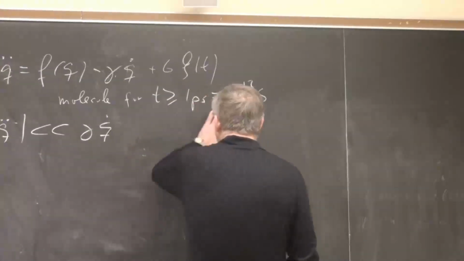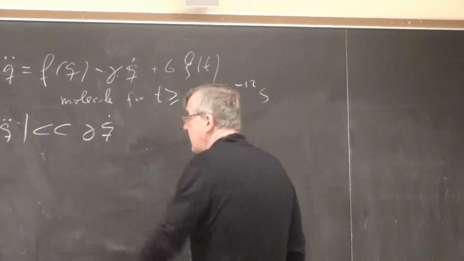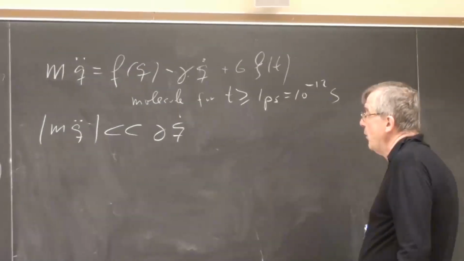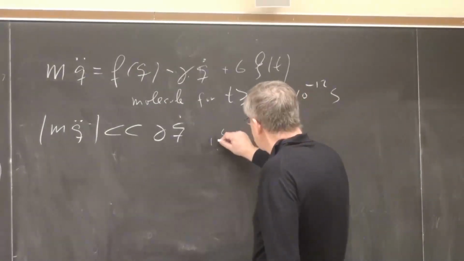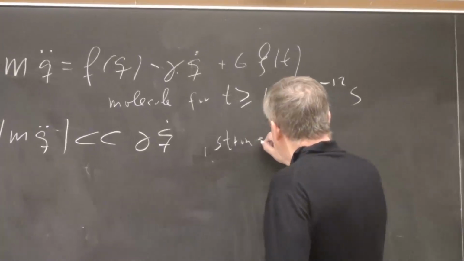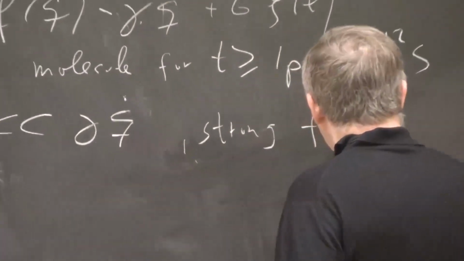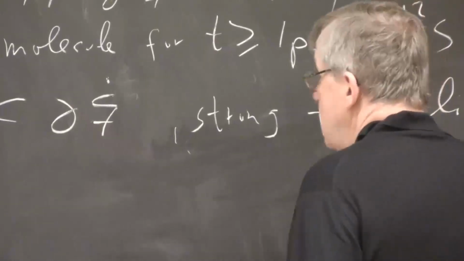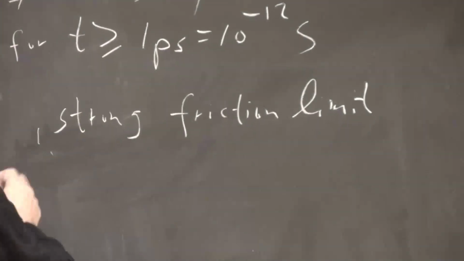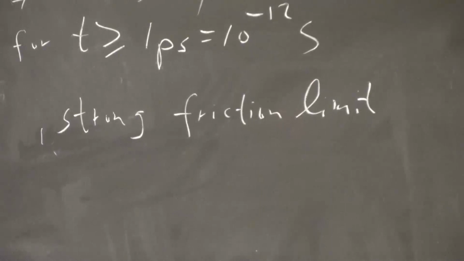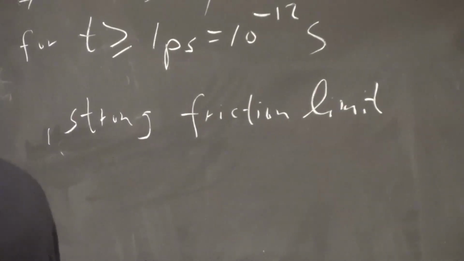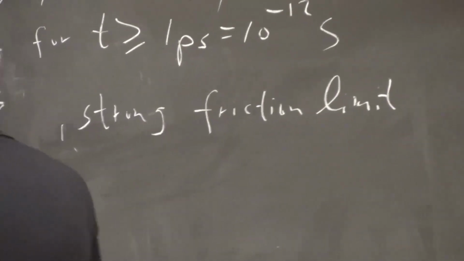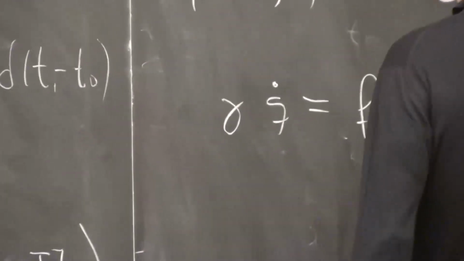Now if you have this time frame here, we can neglect this. And so then you call this one the strong friction limit. And if we have the strong friction limit, then we can write our equation as follows. Gamma q dot is equal to f of q plus sigma psi of t.